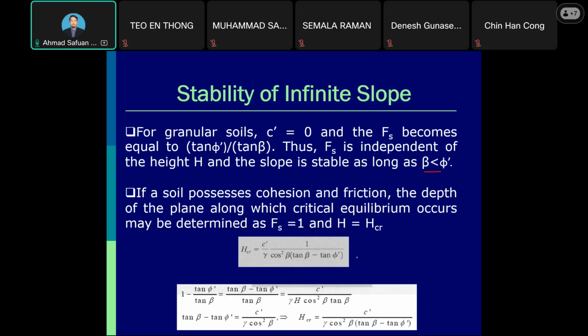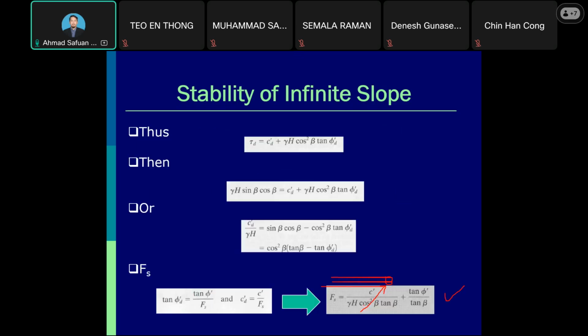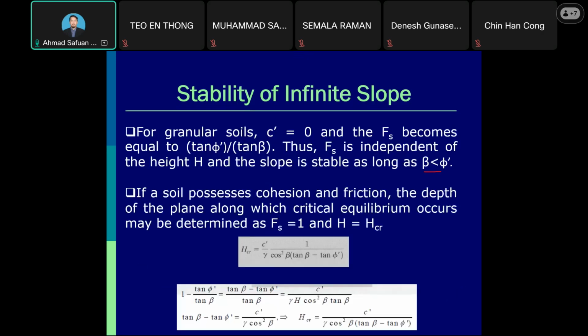So if we want to determine the critical height of the slope, we rearrange this equation, where we put the factor of safety on the HCR on the left and the rest on the right.